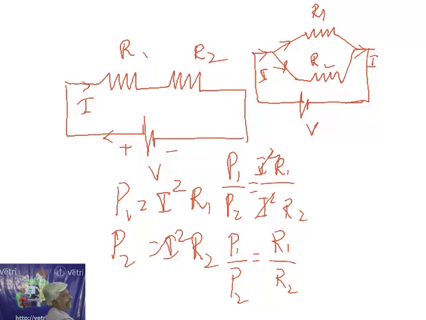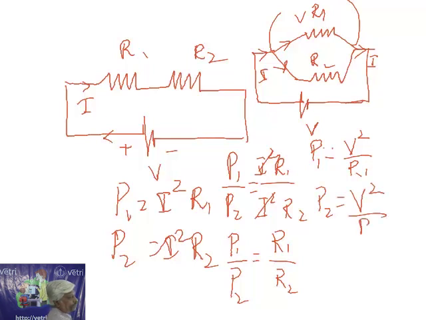If they are connected in parallel, the potential difference will be the same. Therefore, I take the formula P is equal to V squared by R1. What is P2? Similarly, V squared by R2. The same thing we have to find out. Therefore, P1 by P2.